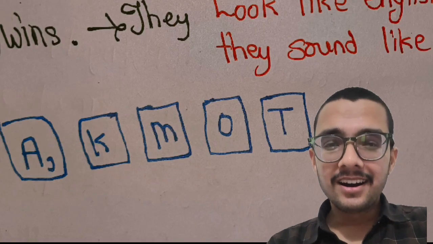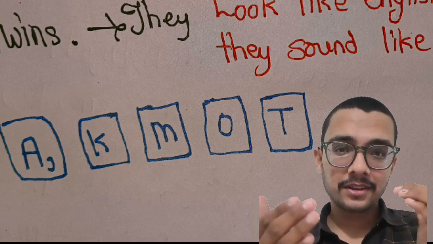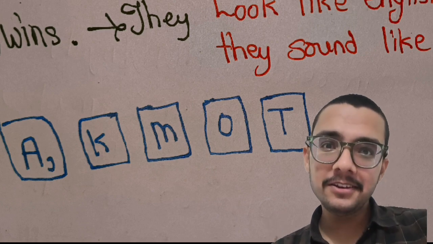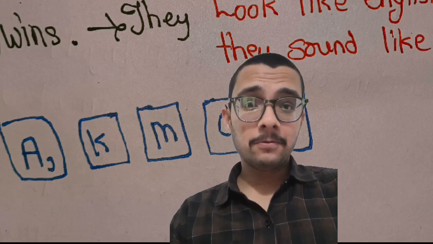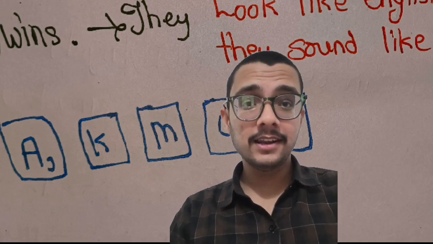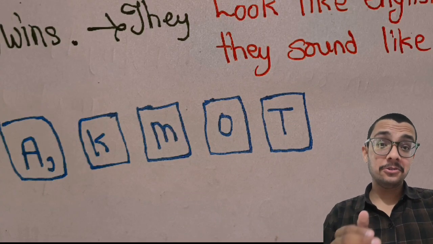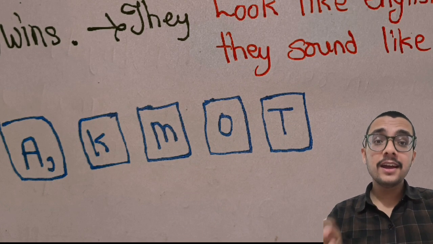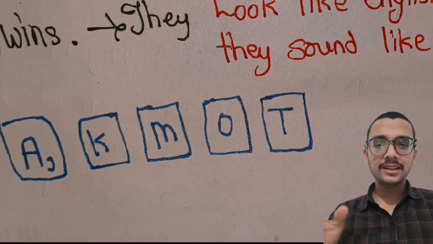A, k, m, o, t. Russian in total has 33 characters, out of which 10 are vowels and the rest are consonants. And instantly, out of 33, you know 5 of them right now because you know English. Once again, a, k, m, o, t.